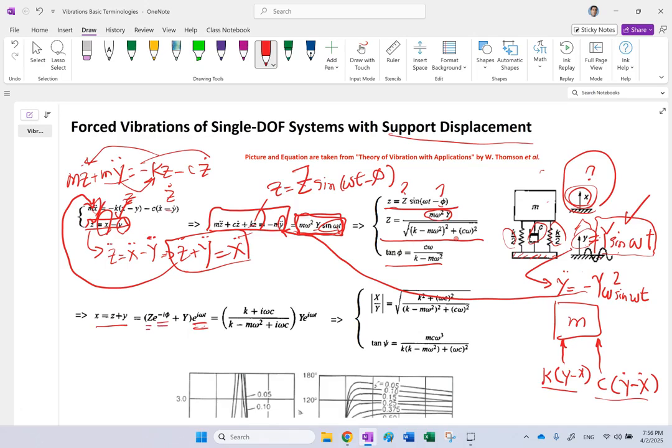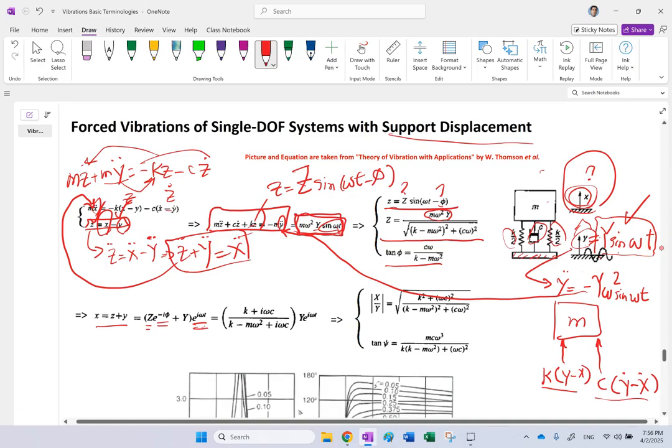Y has no extra phase to it, and the magnitude of it is Y. So I need to add these two together, and if I do that and simplify it, if I call this x to be magnitude X and then sine of omega t minus psi, from here I should be able to find this magnitude X and the phase psi in terms of Z, Y, omega, and psi can also be similar to phi, because remember, Z and phi are already known.